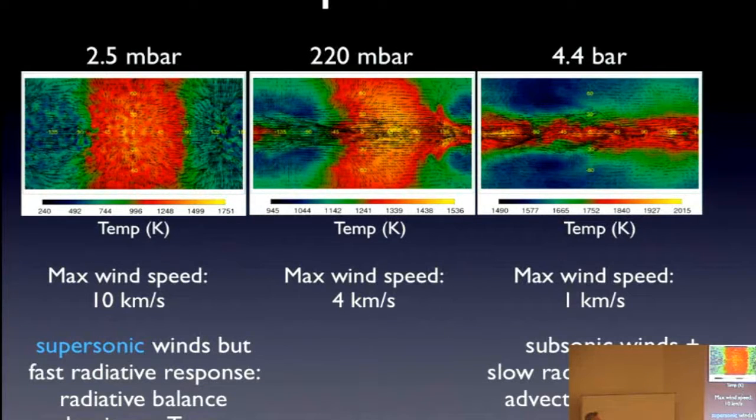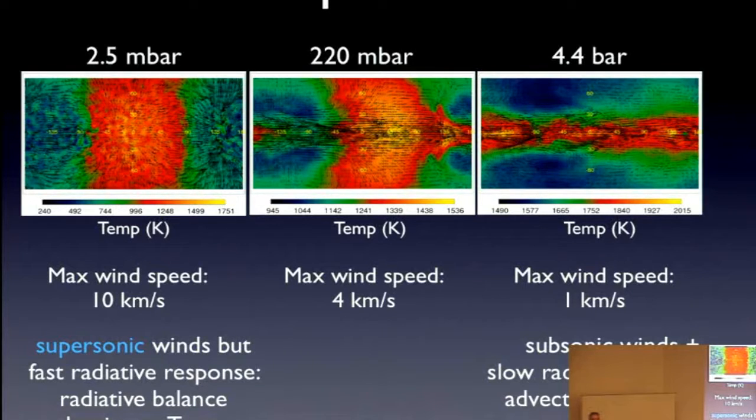You are driving winds, in fact very fast winds, in these upper layers of a hot Jupiter's atmosphere, but those winds are unable to advect the heat efficiently. The reason is that the thermal response time of the atmosphere in these very tenuous layers is very fast, shorter than the advection time, the time it would take to advect some of the heat from the day side to the night side.